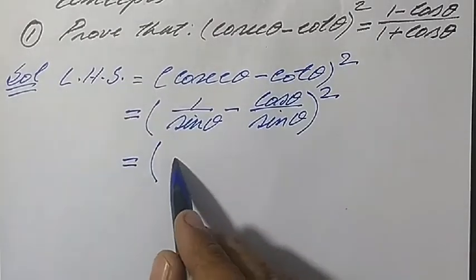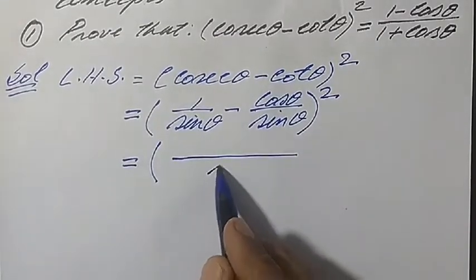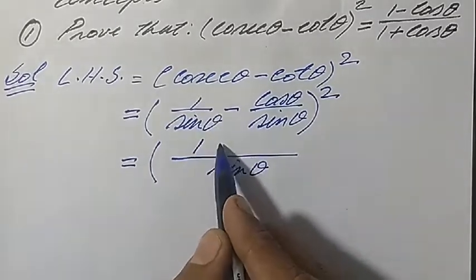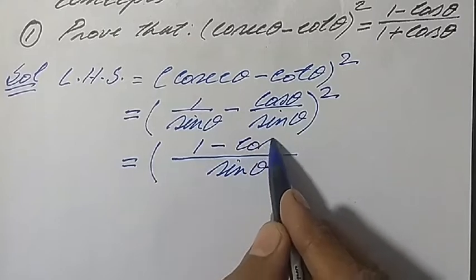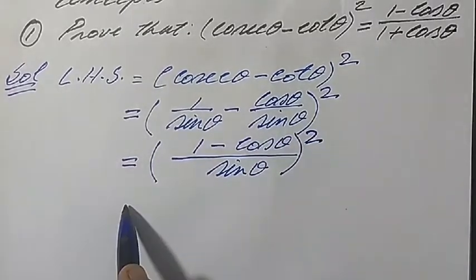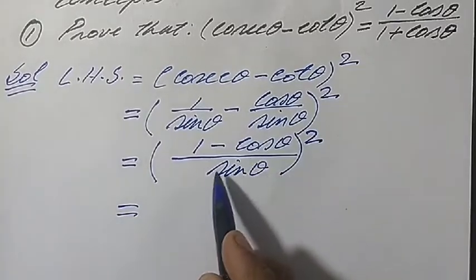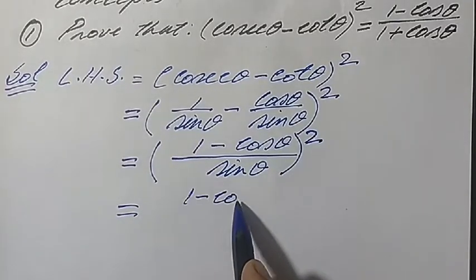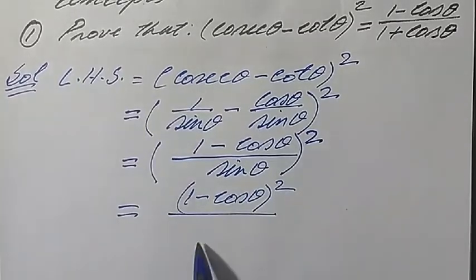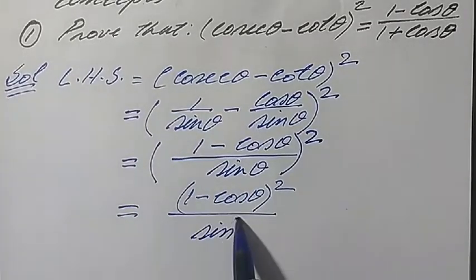Now within bracket we get the LCM sine theta, and in the numerator we have 1 minus cos theta whole square. So we may write it as (1 minus cos theta) whole square upon sine square theta.